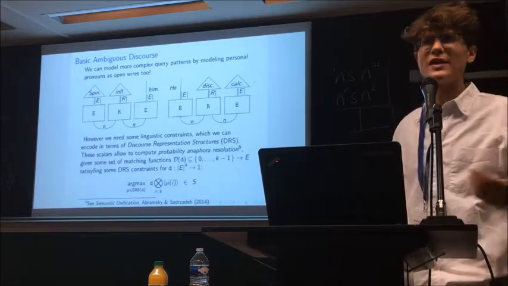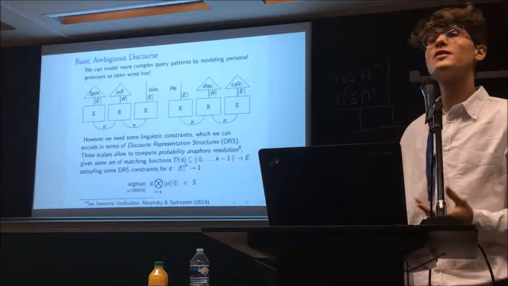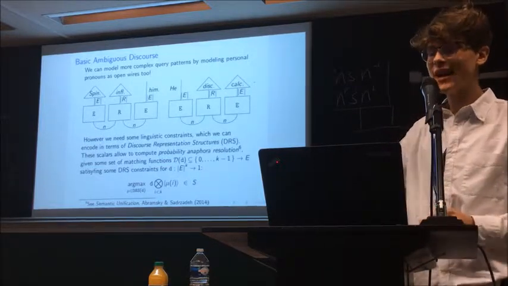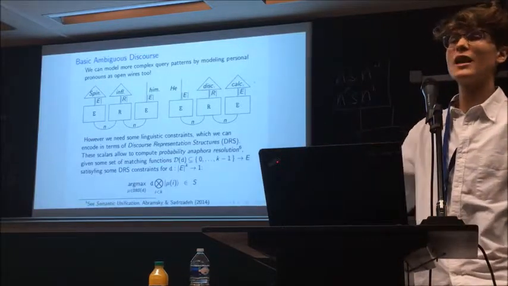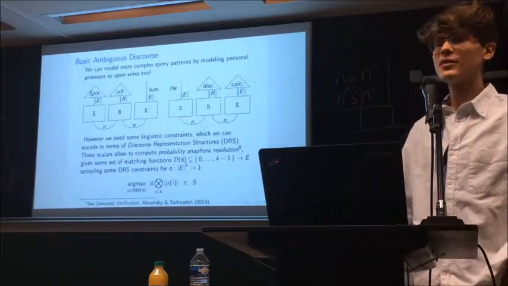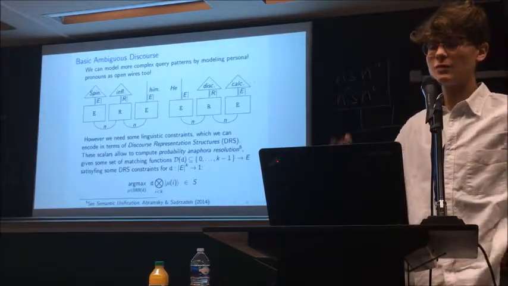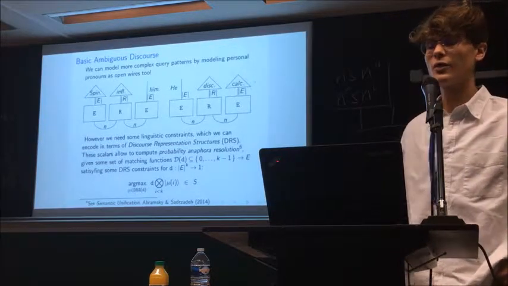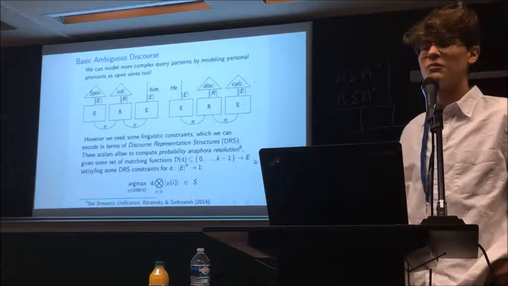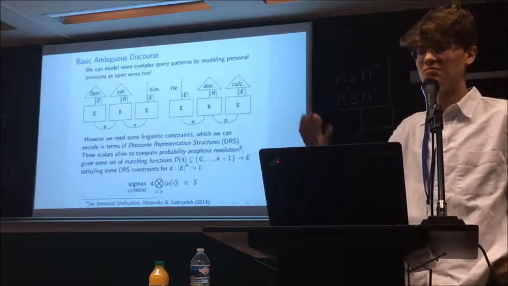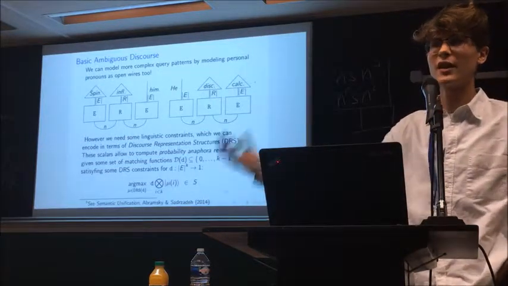So if our sequence of sentences has k anaphoras in it, we need to map every one of those k's to an entity, and not all of those mappings respect the constraints. We have a subset of these matching functions that respect the constraints, and we want to take the argmax over those. So once we have found our argmax, we have resolved the ambiguity in the discourse in the sense that every anaphoric noun, subject, or object is assigned an entity.